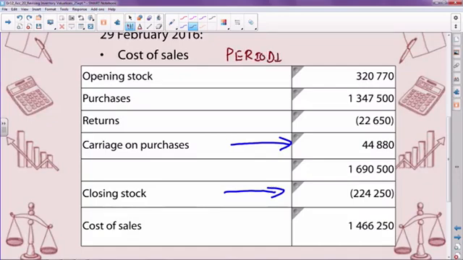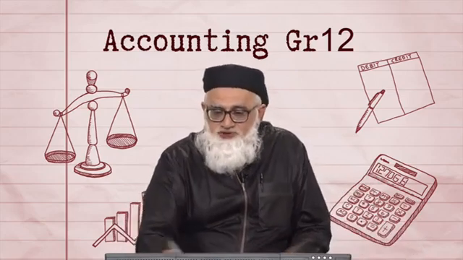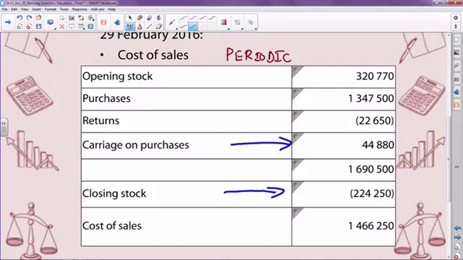When we are using the periodic system, we calculate our cost of sales starting with the opening stock, plus your purchases, less your returns, add other expenses on purchases. In this case, there's only carriage. You may have had import duties or customs duties. Add it all together, subtract your closing stock, and that gives you your cost of sales. Got it? Brilliant. Let's move on.